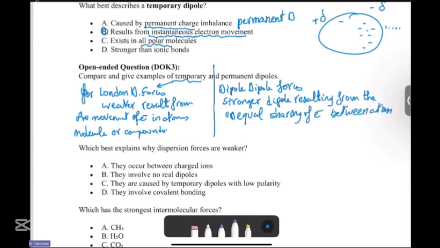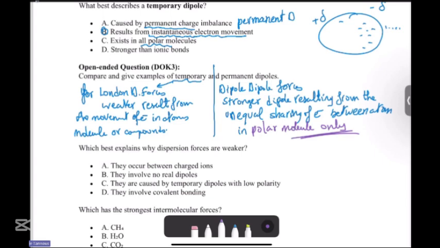What I'm saying here is, in polar molecules only. Let me give an example here. When you are giving examples for instantaneous dipoles, do not give examples of the other one.